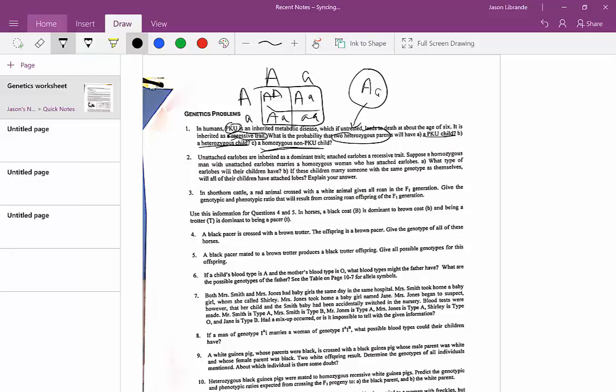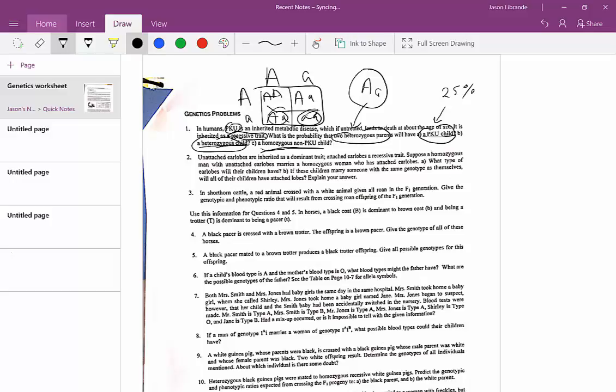Okay, so part A is asking what the probability is that we'll have a PKU child. It's a recessive trait, so you need two recessive alleles to have a PKU child. So here, that's 25%. Next, it asks for heterozygous children.